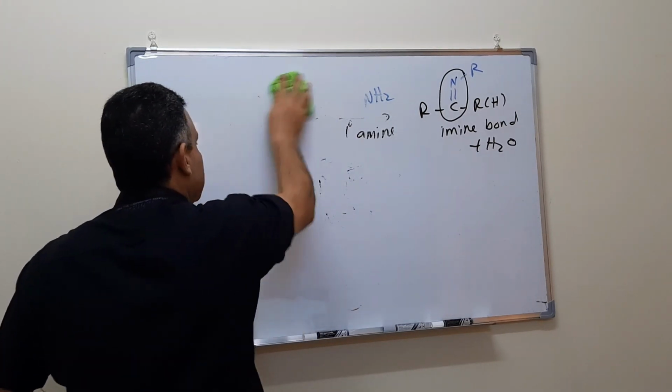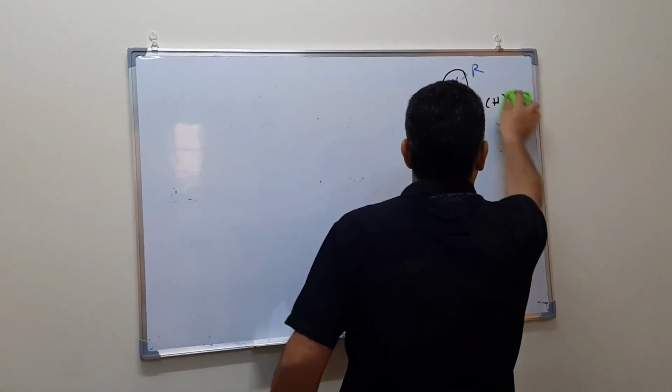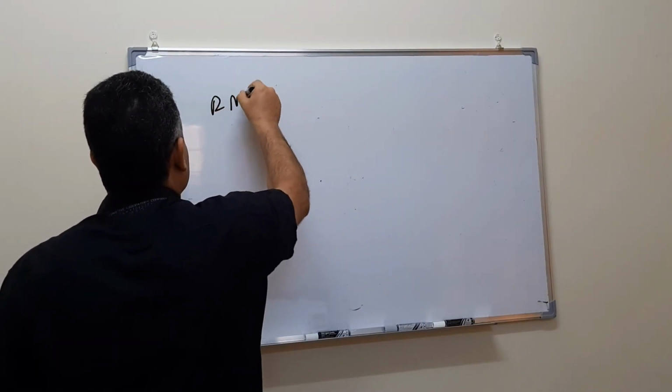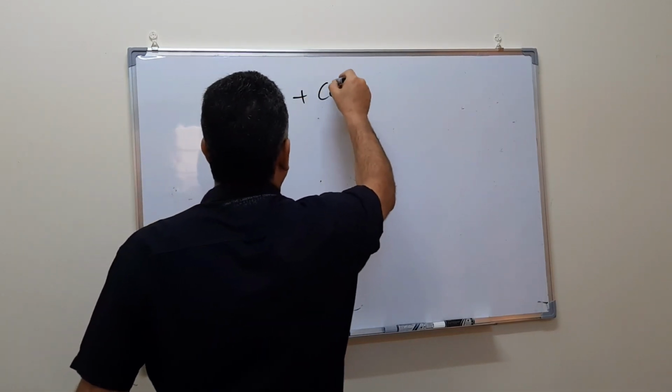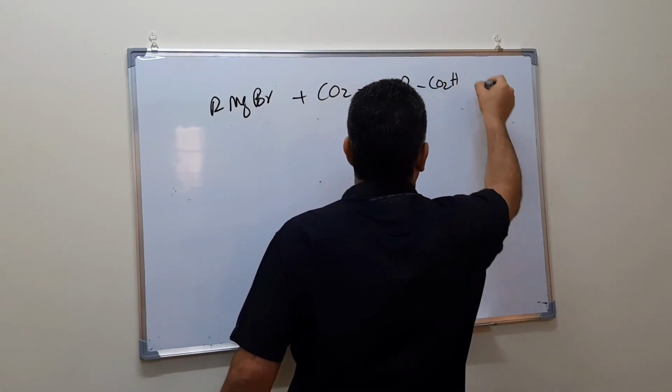For example, we are always going to abbreviate the Grignard by R, regardless of whatever this R is. So RMgBr, for example, plus CO2 always gives RCO2H, which is a carboxylic acid.